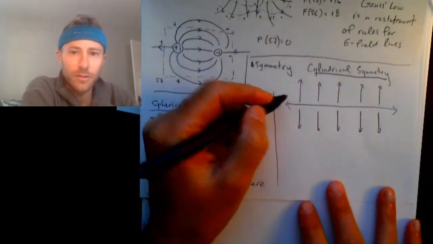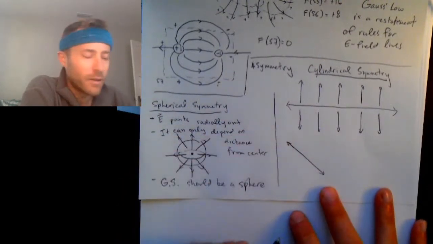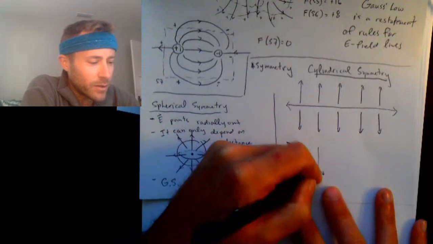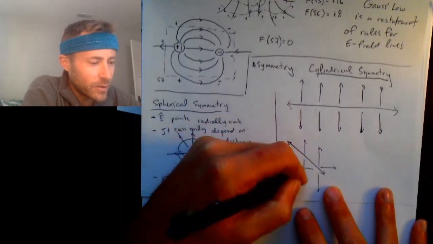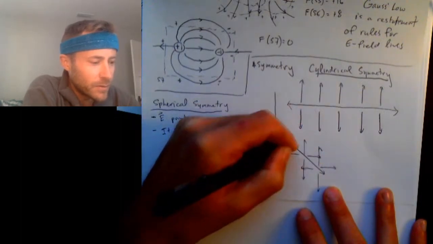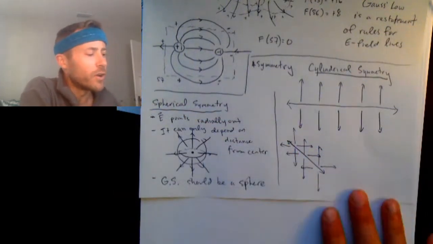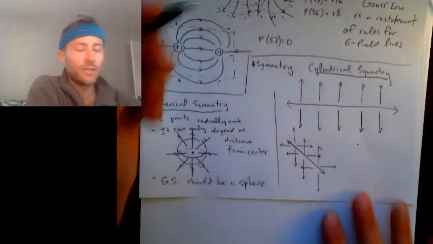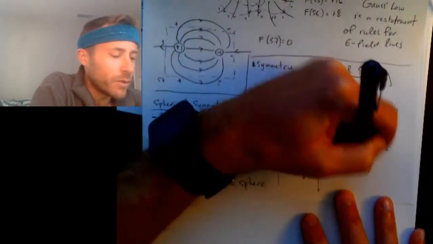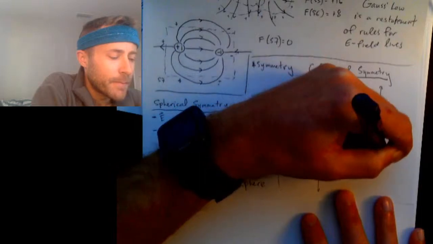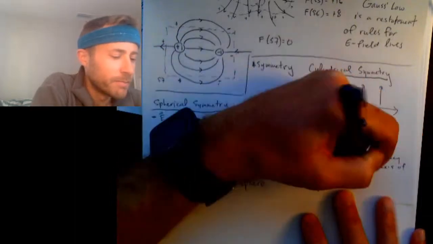This is a two-dimensional perspective, but in 3 dimensions the electric field pattern would be kind of like this. So in this case, the electric field points directly away from the axis of the cylinder.